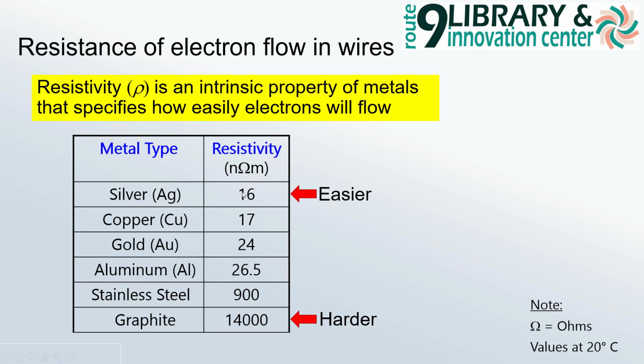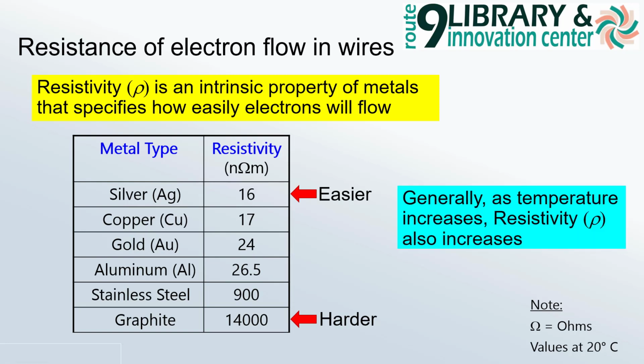So essentially, the lower this number, the lower the resistance that wire will have to electrons flowing down it, and the bigger the number, the higher resistance it's going to have. And as a side note, generally as temperature increases, this intrinsic value will increase as well. You notice this table was written down at room temperature.